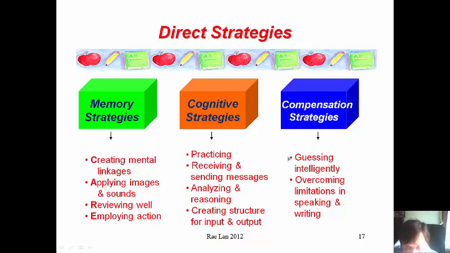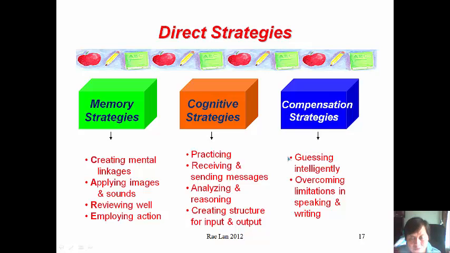What about cognitive strategies? You might know the word cognition is actually about learning. So cognitive strategies are very self-explanatory. They refer to strategies that are directly related to learning. For example, practicing, right? Learning a language, who wouldn't need to practice? Receiving and sending messages.